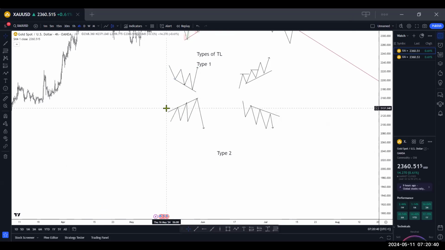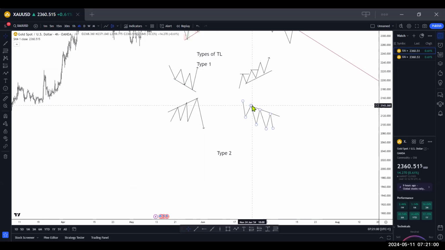It is ascending from the left. So for tier one reversal, it ascends from the left or descends from the left. For continuation, it ascends from the right or descends from the right.